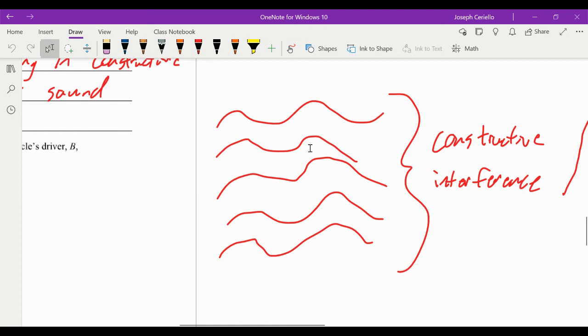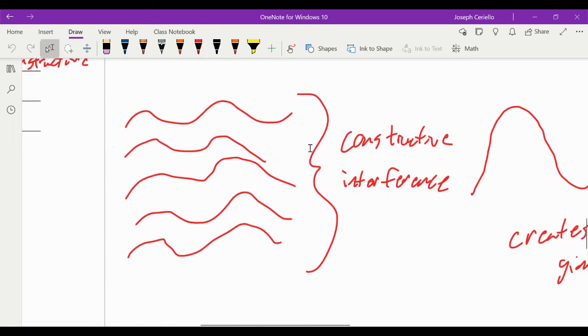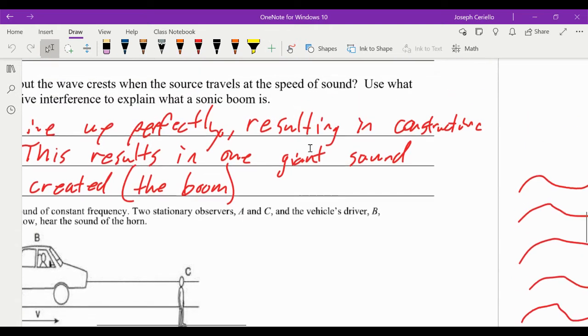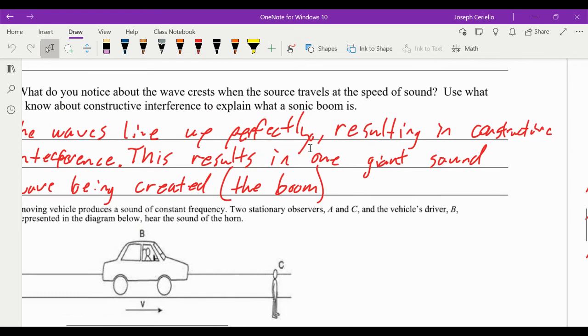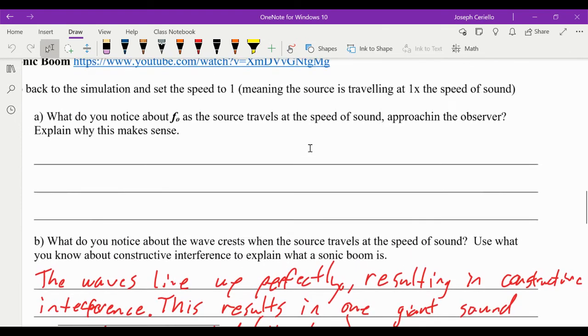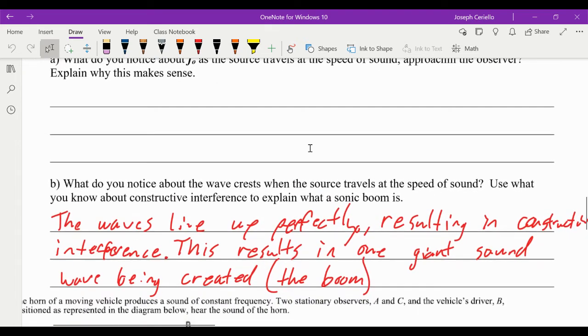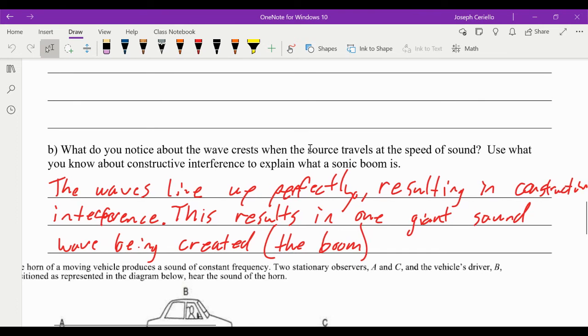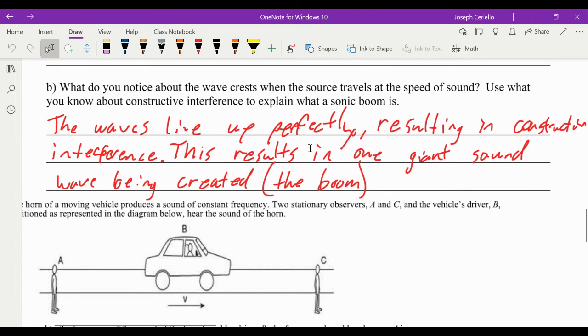Picture all of these sound waves lined up because the Doppler effect forced them all together. What's the result? One giant wave of sound. So the sonic boom is a really nice combination of both the Doppler effect and constructive interference, excuse me.